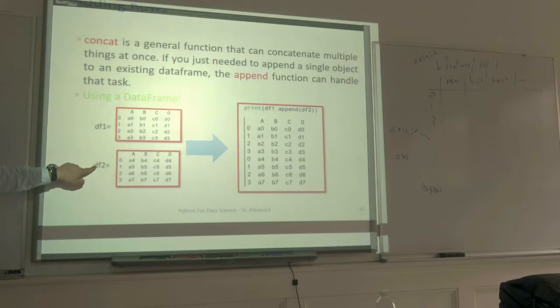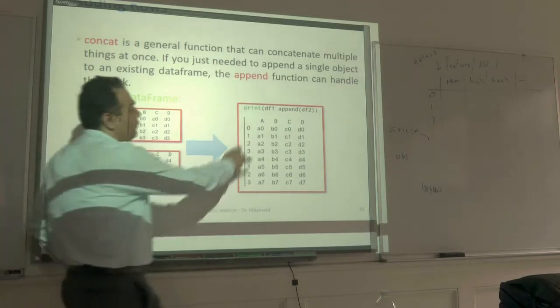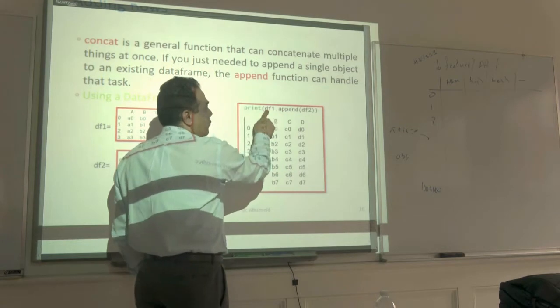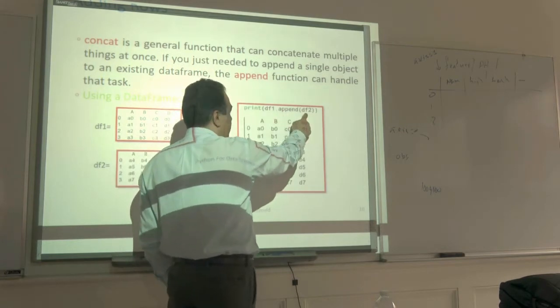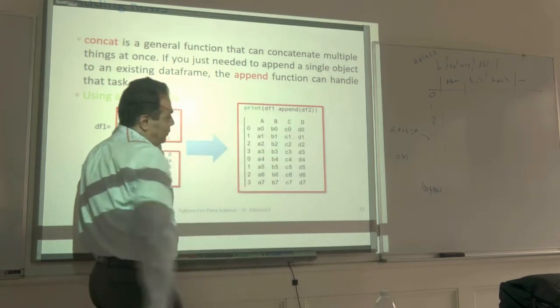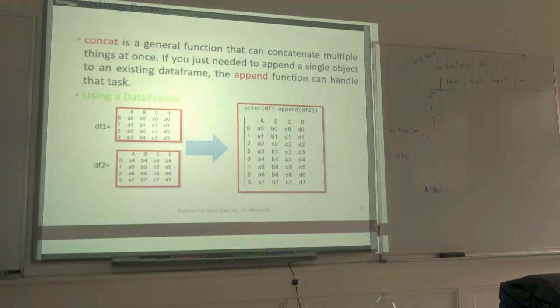If I need to append data frame 2 to data frame 1, I write data frame 1 dot, just like a method, append, and data frame 2, and it was appended.